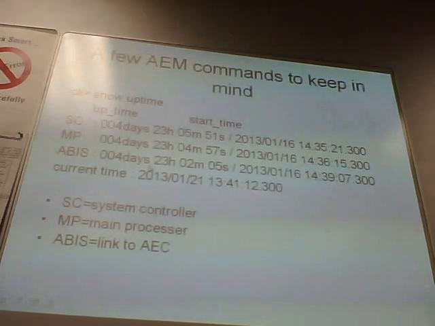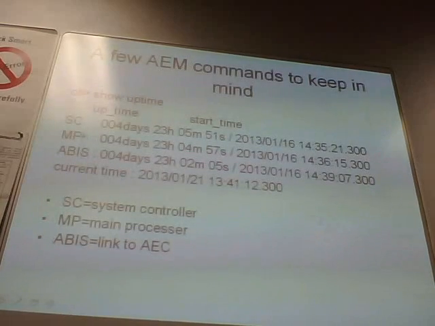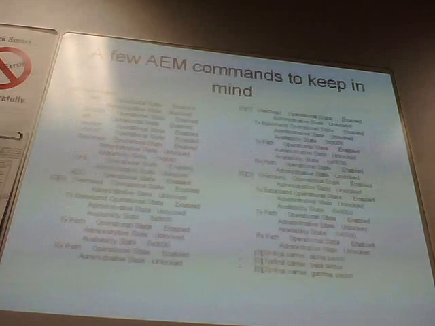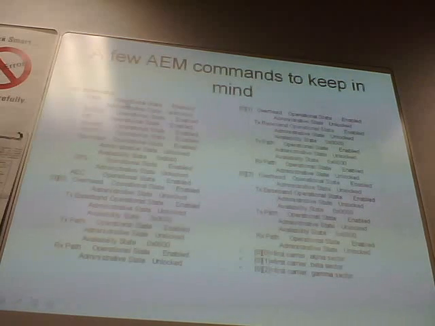You can see if it's up. So you can see the SC and MP with a good uptime, but the Avis, your link back to the ADC, dead, which would kind of signal that the card's probably good, but you have some sort of transport issue. Show status just gives you a good quick health check.